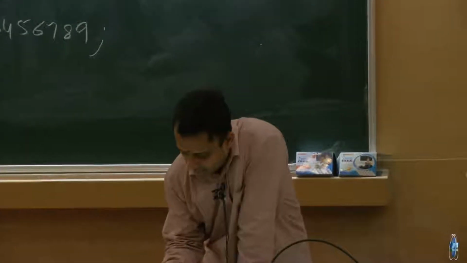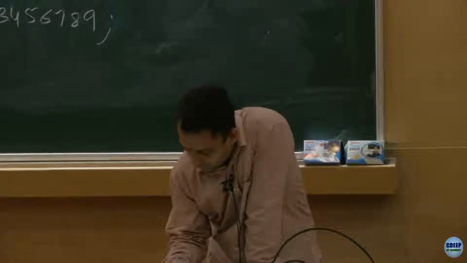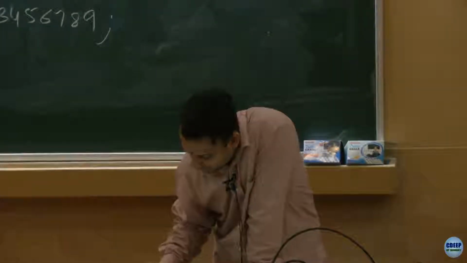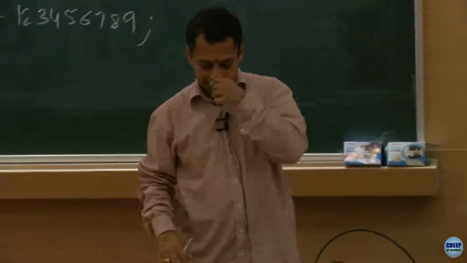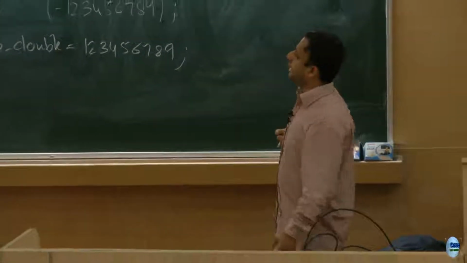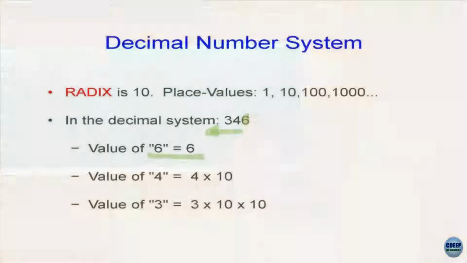So this is what you get as you shift left: 1, R, R square, R cube, and so on. And then you add them. So let's take the decimal system. Radix is 10, place values are 1, 10, 100, 1000, and so on. So if you have 346, you begin with the rightmost digit 6, and then move to the left to 4 and 3 respectively.